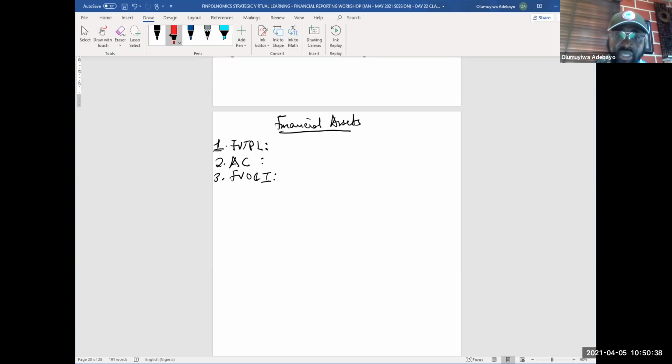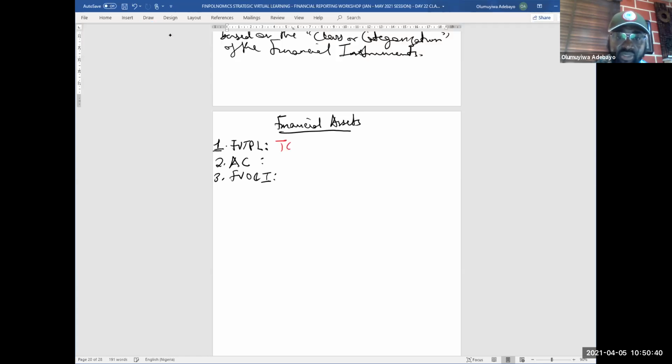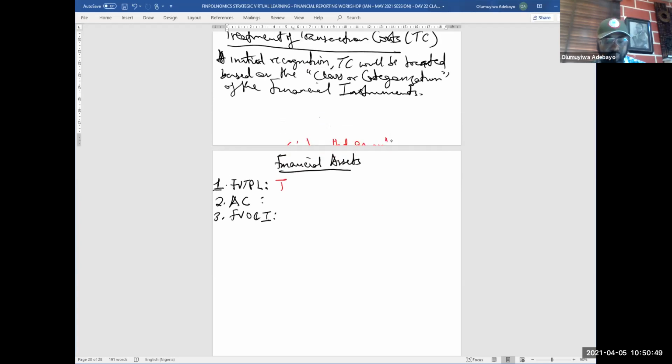In fair value to profit or loss, transaction cost is treated as an expense. Treated as what? An expense, which is charged to profit or loss. That means you expense transaction costs associated with your purchase of a financial asset.